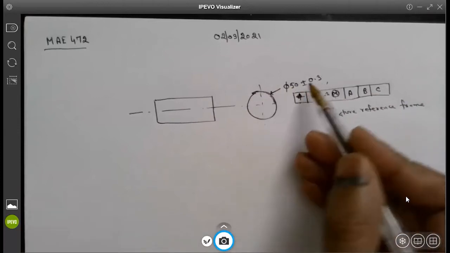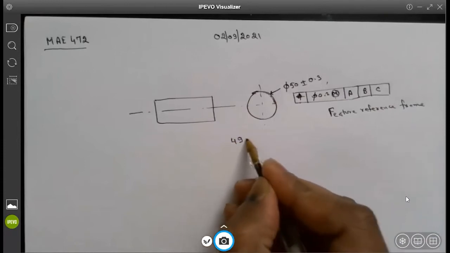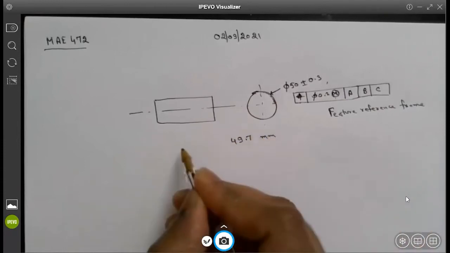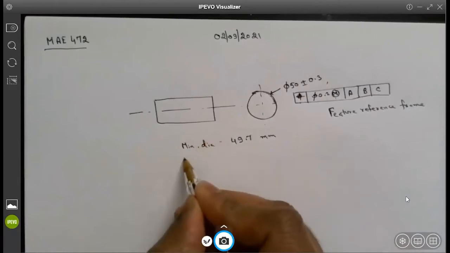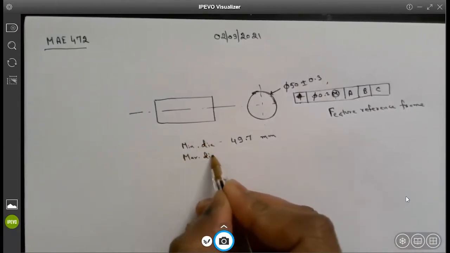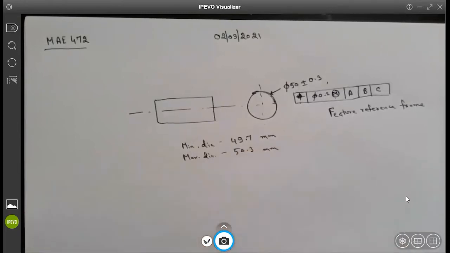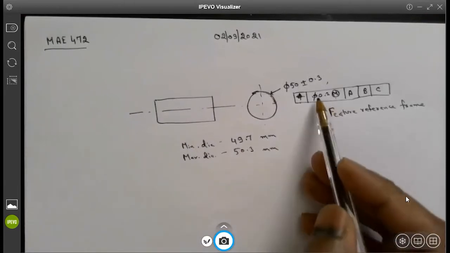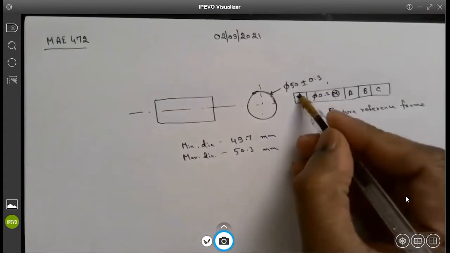Everybody agrees that the minimum diameter for this is 49.7, if everything is in millimeters. And the maximum diameter of that cylinder should be 50.3 millimeters. Everybody is with me so far? Yes. Great. So the effect of this specific reference frame is that it has a position tolerance.